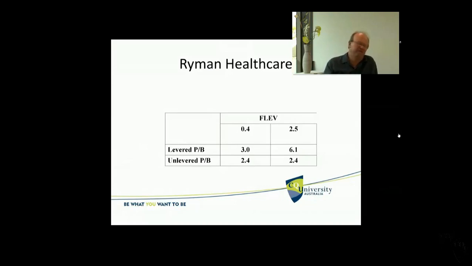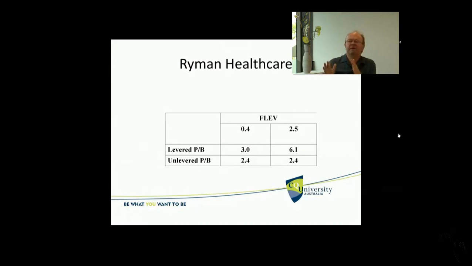But if we increase the financial leverage substantially, borrow more money, then its levered price to book can increase to 6.1, and its unlevered price to book is still 2.4. So you can see by moving the leverage, we can actually move these levered ratios quite a lot.